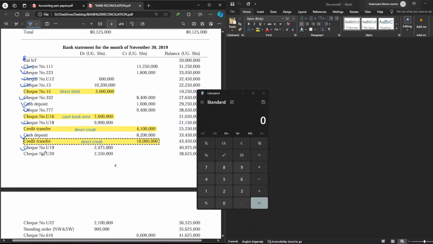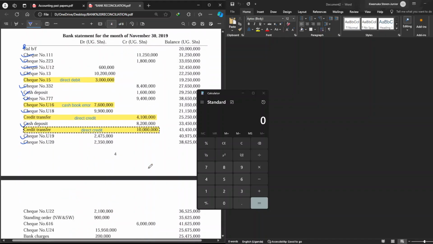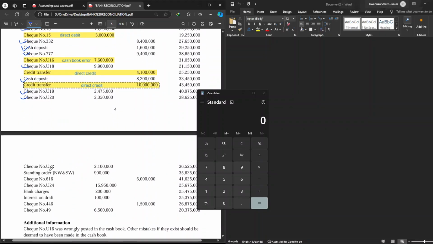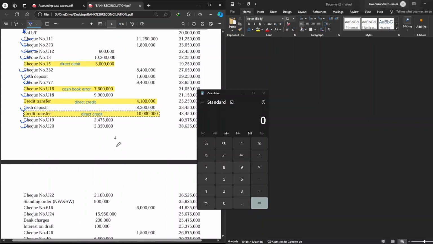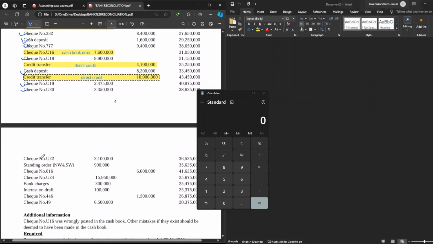So we have check number U22, debit side should appear on the credit side, and it is 2.1. Check number U22, 2.1. So we tick also, and we also come and we tick.